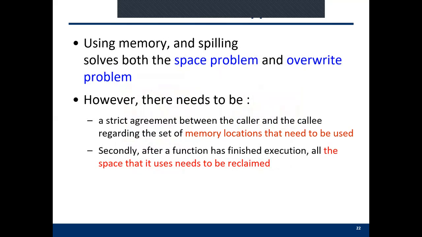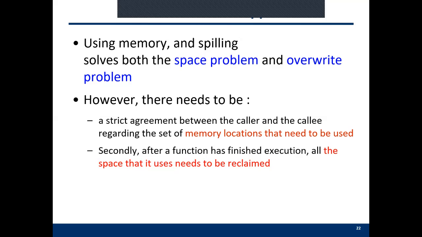Before you do anything, you need a strict agreement between the caller and the callee regarding the set of memory locations that need to be used, because you need to protect that memory region. Otherwise, some other instructions or some other application may overwrite that region. So that's not good.